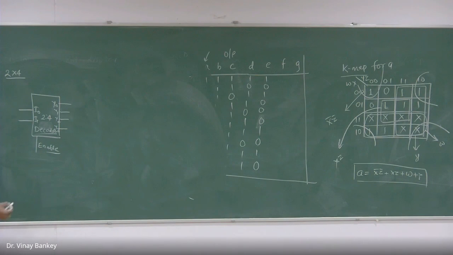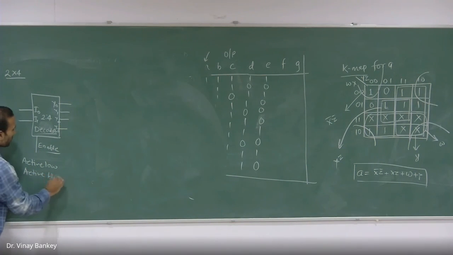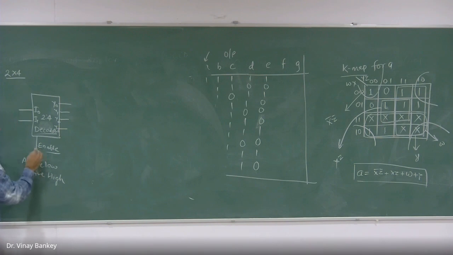There are 2 types of ICs that come in the market, with active low and active high. And what is this active high and low? So this is the input with active high.